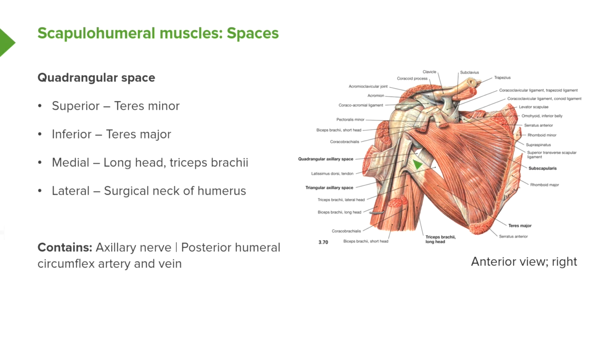We can also see that if we go medially, we've got a muscle here, and this muscle is the long head of triceps. If we look laterally, then we can see we've actually got the humerus here, and this is going to be the surgical neck of the humerus. Superiorly, teres minor is quite difficult to see actually because subscapularis muscle is in the way, but we'd have teres minor running across in this direction.